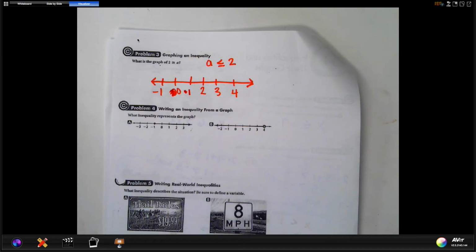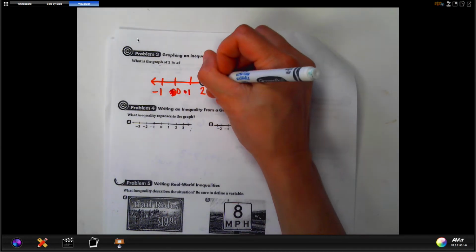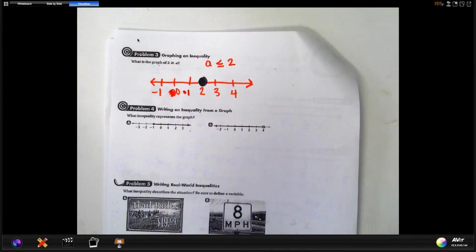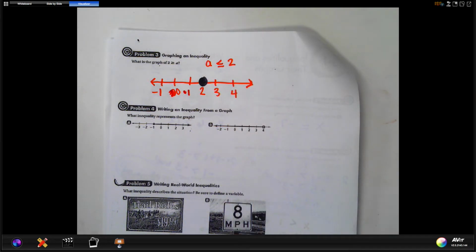Okay, so now you decide. 2 is the number. Is it going to be an open or a closed circle around the 2 this time? Nathaniel, what do you think? Closed. So you start with a closed circle. Now, you can read it as A is less than or equal to 2, right? And so what numbers are less than 2?